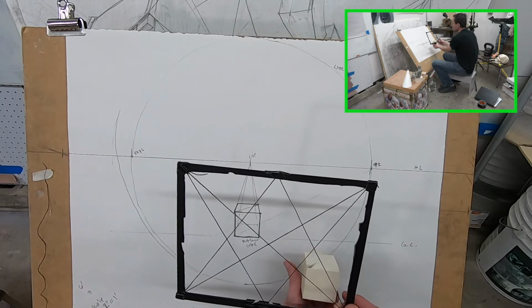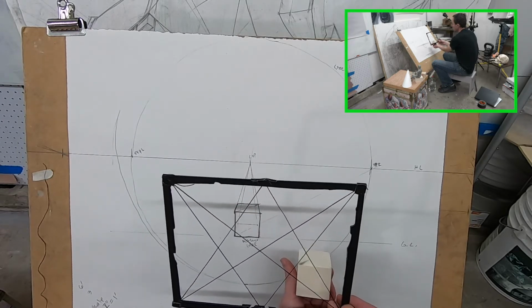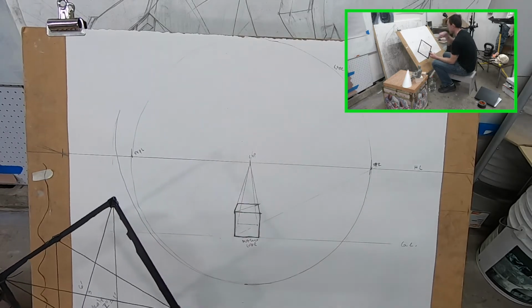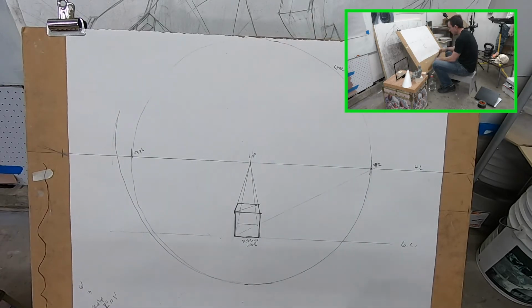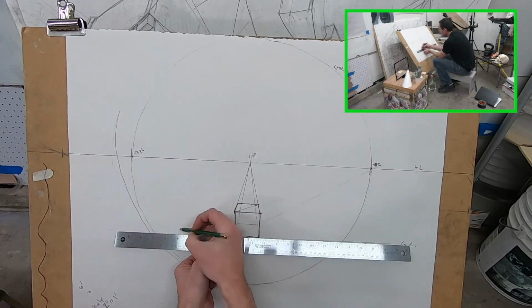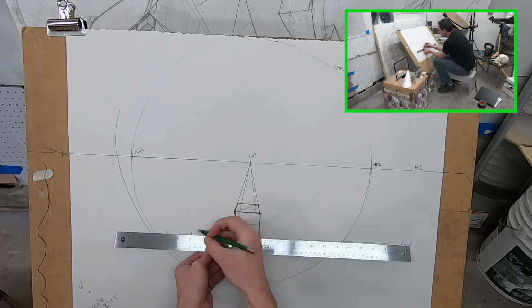It starts to look a little bit like a 2-point. However, one plane of the cube is still parallel to the picture plane, so really, it's still going to have a convergence on that central vanishing point. So let's go ahead and push that cube off to the left and see what happens. If it's still on the ground line, then our scale is still going to hold here.